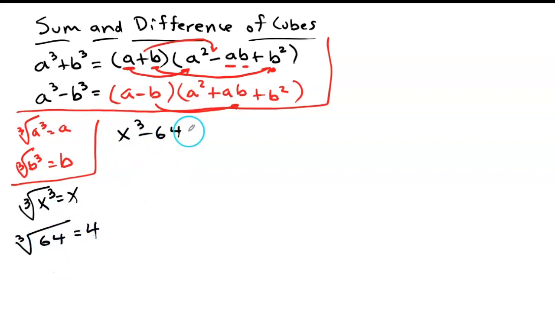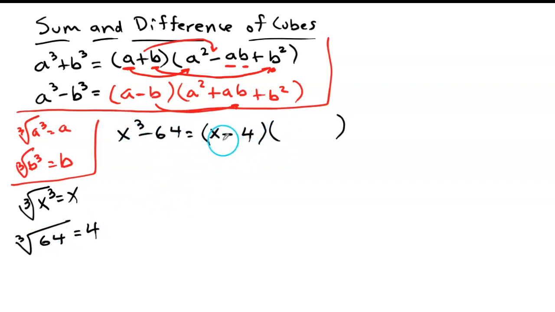So now what I do is, let me bring the pattern. I know already that it's going to be two parentheses. My first parenthesis is the cube roots. So the cube root of x cubed is x. I bring the same sign. And the cube root of 64, not with the sign, only the 64, is 4.